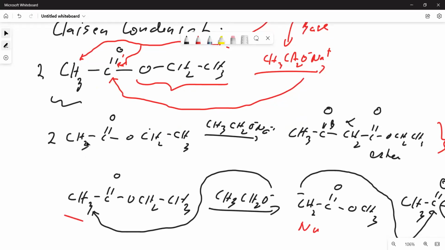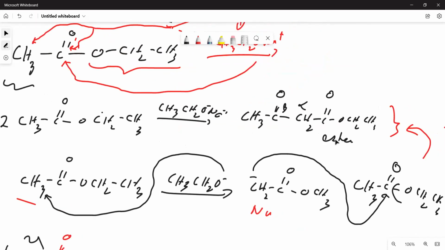Okay? If you have 2 moles of ester with alpha hydrogen or acidic hydrogen in the presence of alkoxide, that is similar to this one, it will produce what you call a beta keto ester. No? If you recall in aldol condensation, okay, that reaction produces beta hydroxy ketone, no, or aldehyde.